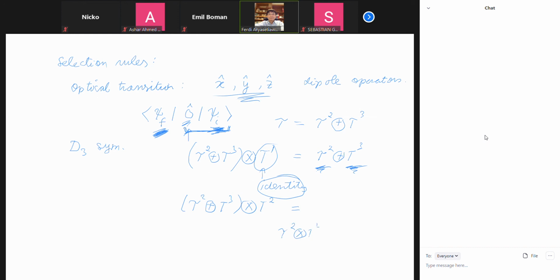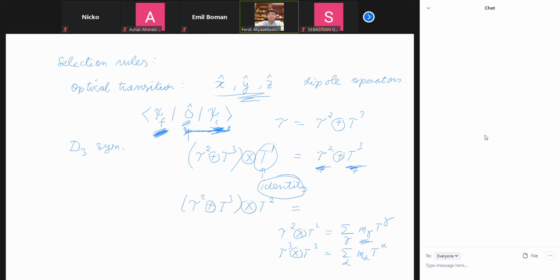So this will be some linear combination of the representations like this. So we just calculate the trace and then use the first orthogonality relations to figure out the coefficients m gamma, and the same for the T3. So we do this one by one. So this will also be a sum over, let's say, alpha.